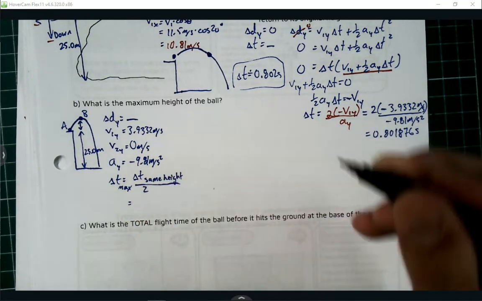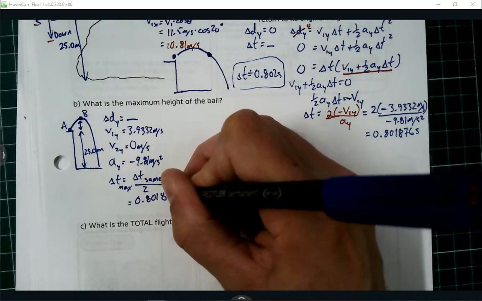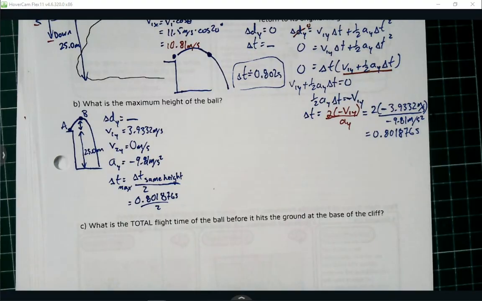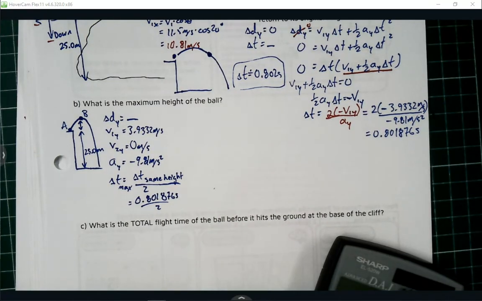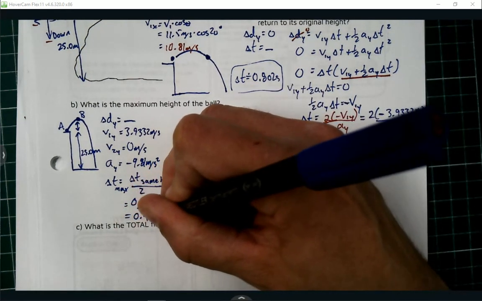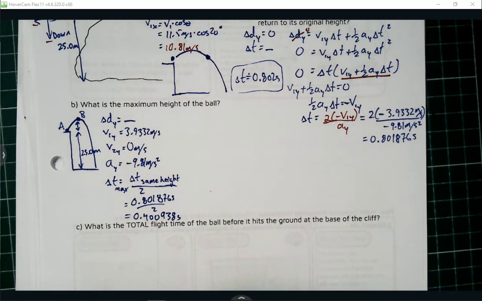I did that once before: 0.801876 seconds divided by 2. That's going to be the delta t same height. 0.801876 divided by 2, and I get 0.400938 seconds it takes to go from where I started to what I labeled as point B.